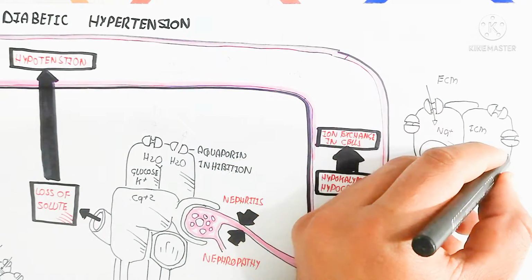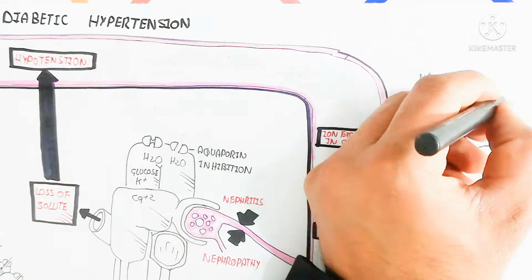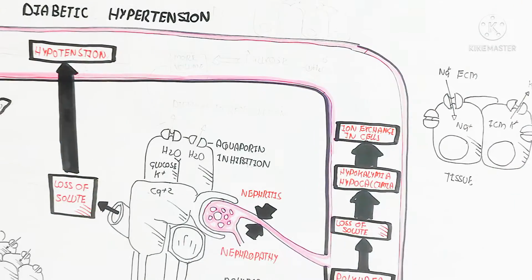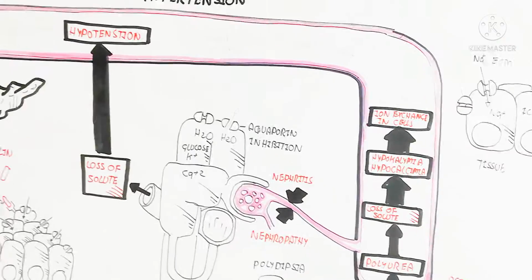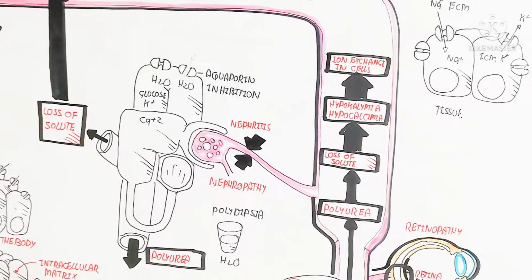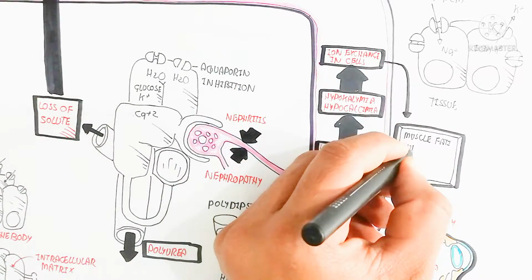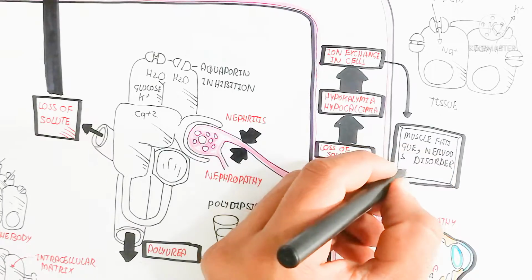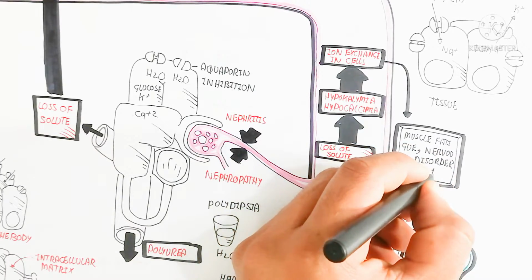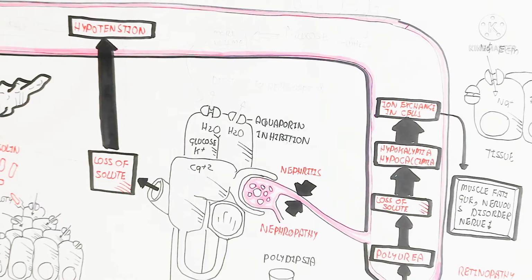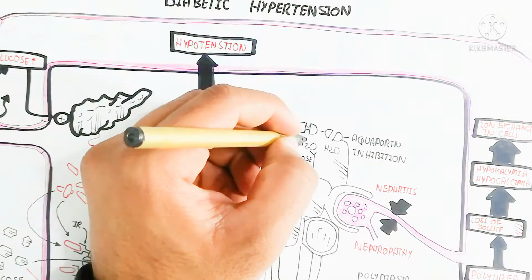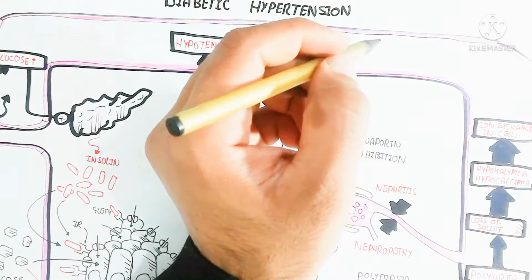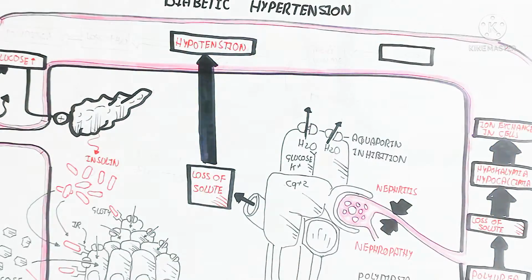In this way, you can see the ions of the extracellular matrix and intracellular matrix will be imbalanced, which will lead to non-functioning, and in this way the nerve impulse will not be good, and there will be nervous disorder and a lot of problems appearing due to diabetic hypertension.